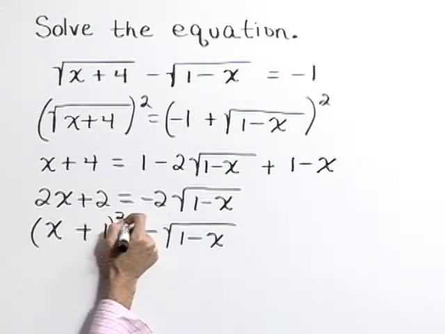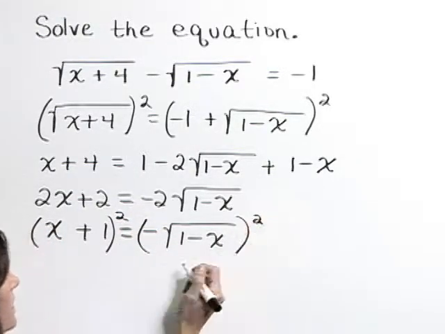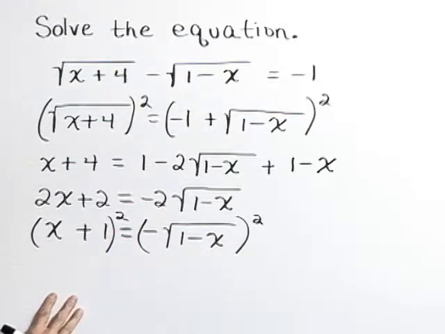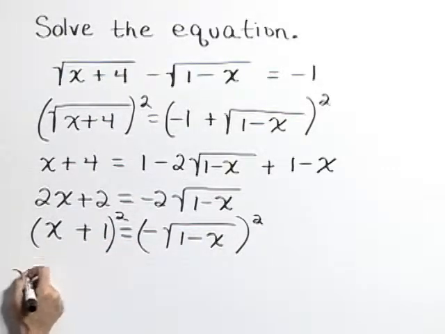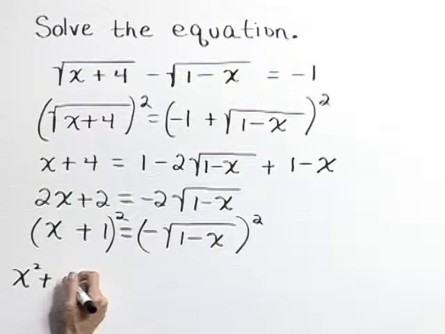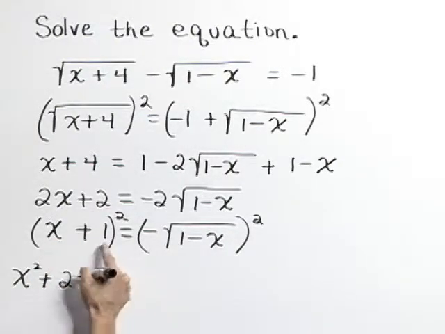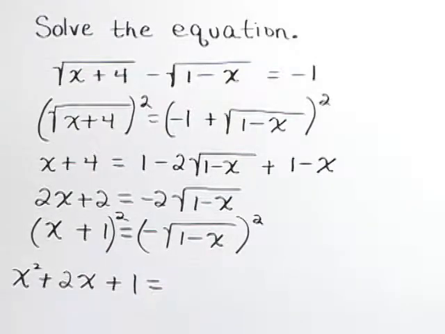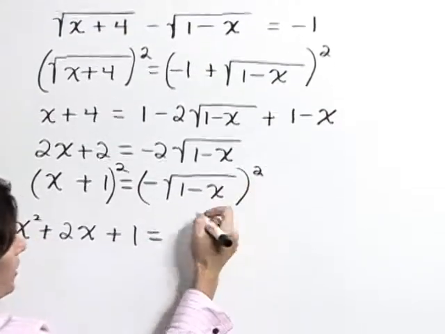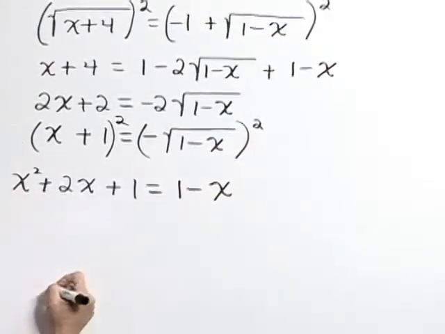Square the left, square the right. This is a binomial squared on the left. Squaring gives x squared plus 2 times the product x times 1, or 2x, plus 1 squared, which is 1. That's equal to, negative sign squared cancels, the square root of 1 minus x, quantity squared, is 1 minus x.